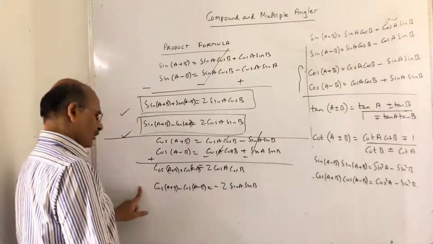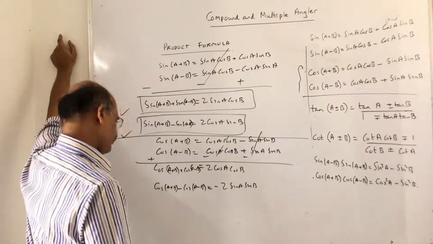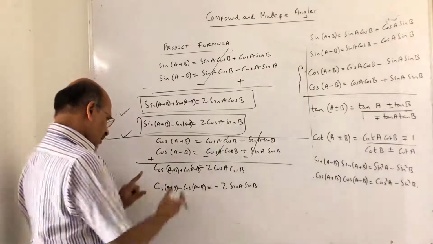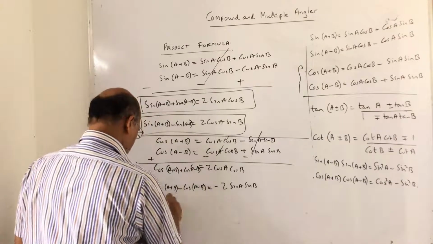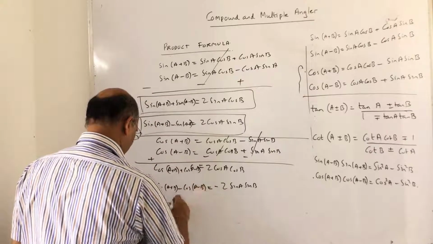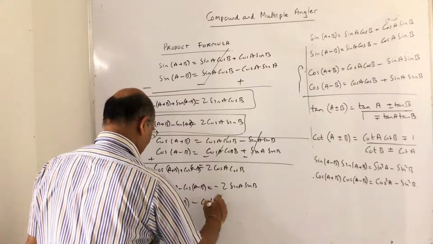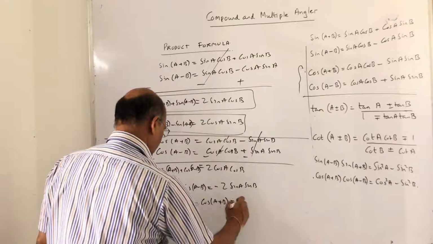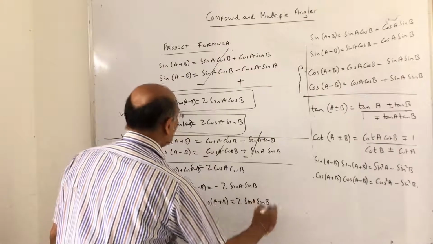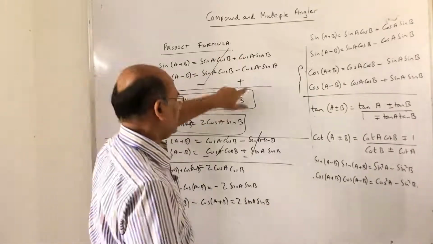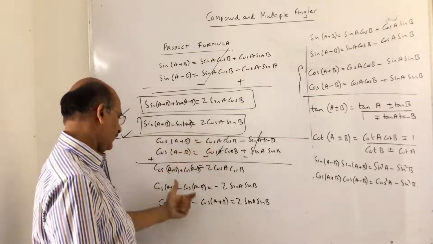So the minus sign, if you want to take it here, you can reverse it. So this minus goes, and this will become cos of A minus B minus cos A plus B is equal to 2 sin A sin B. When I subtracted, it became plus, so that sign effect was not there.